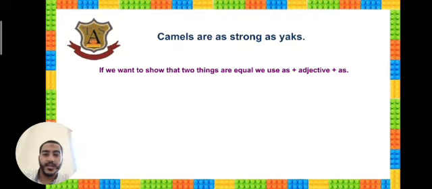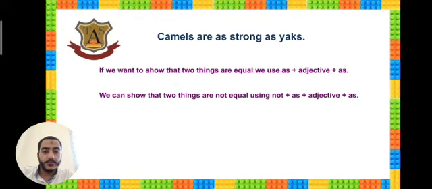Camels are as strong as yaks. We use this form to show that these two objects are equal in that adjective.